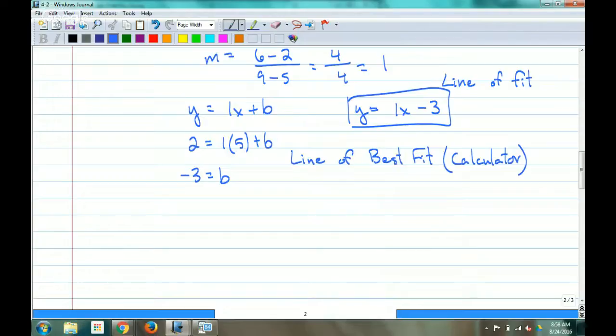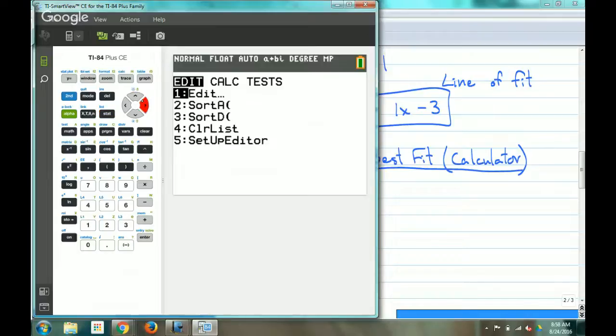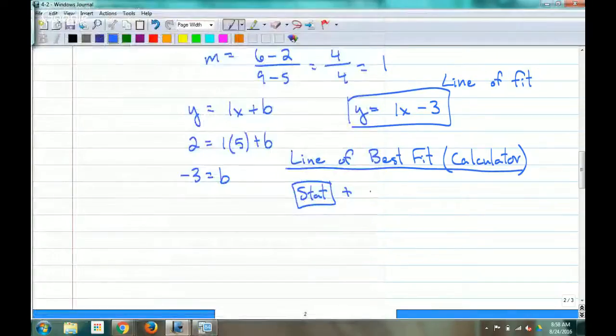Okay, so on the calculator, you've already got your scatter plot done. You've already got the data in there, list 1 and list 2. We want to press stat. And then once we're in stat, we want to go over to calculate. Okay.